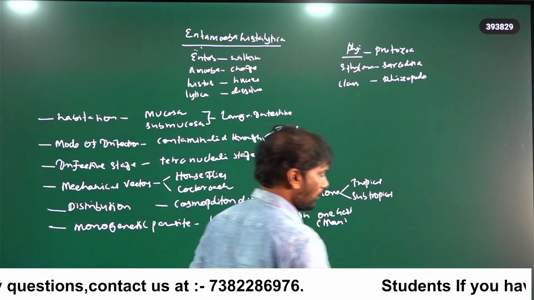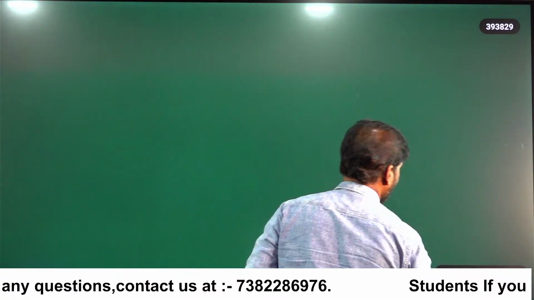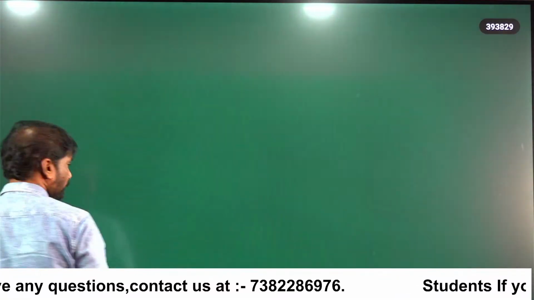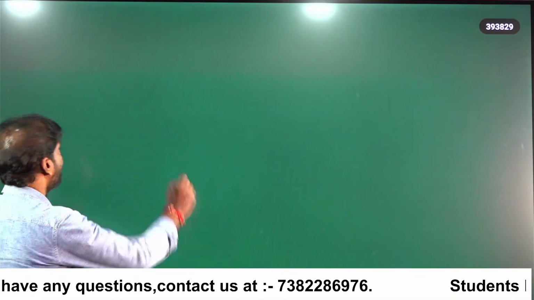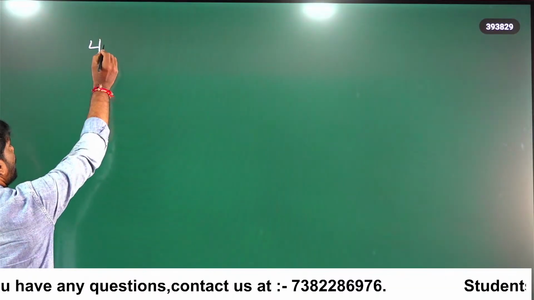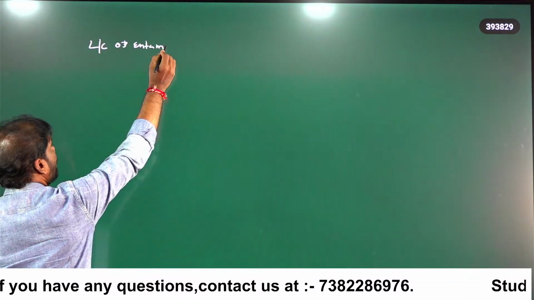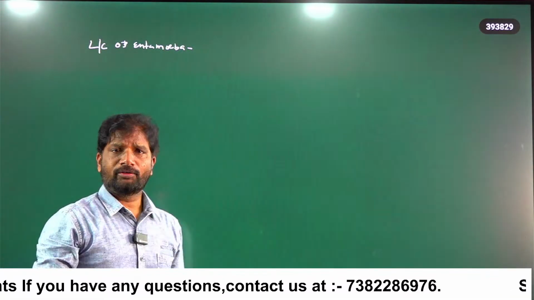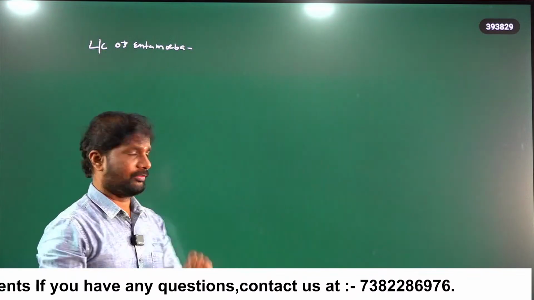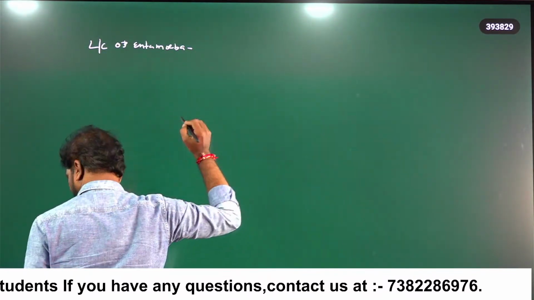Now you can go to the next one. Here is the life cycle of Entamoeba. The life cycle of Entamoeba completes within three stages.